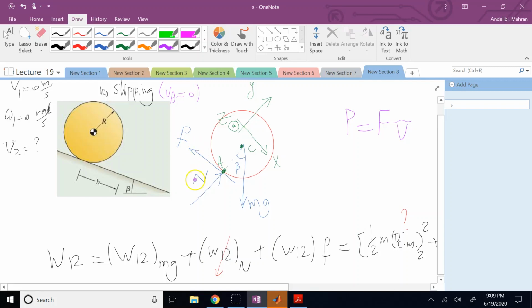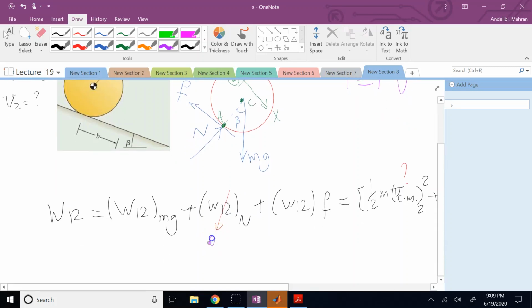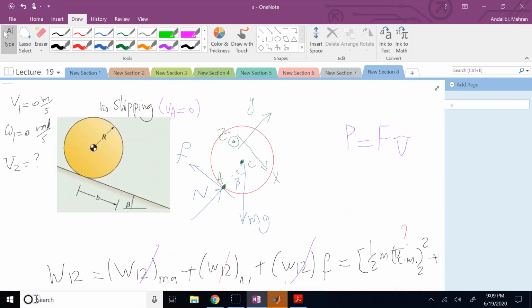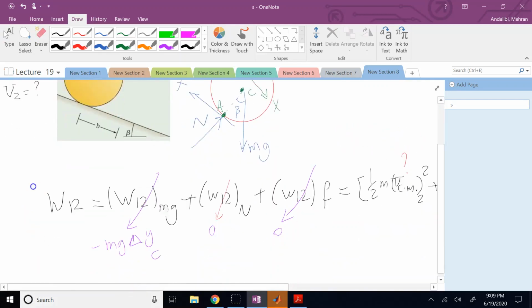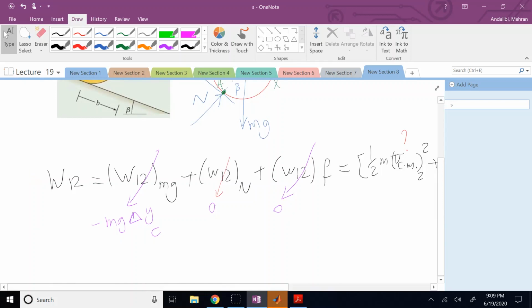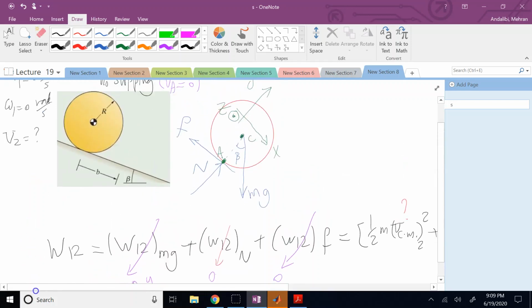Therefore there is no work. So none of these two is doing anything, because they are applied to stationary points at that moment. Work of mg, there is a formula for it. It is negative mg delta y of point C. That's all it is. So what is delta y of C?